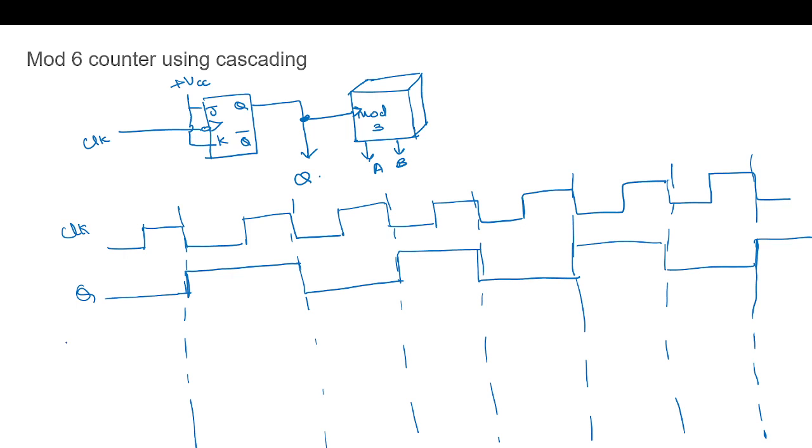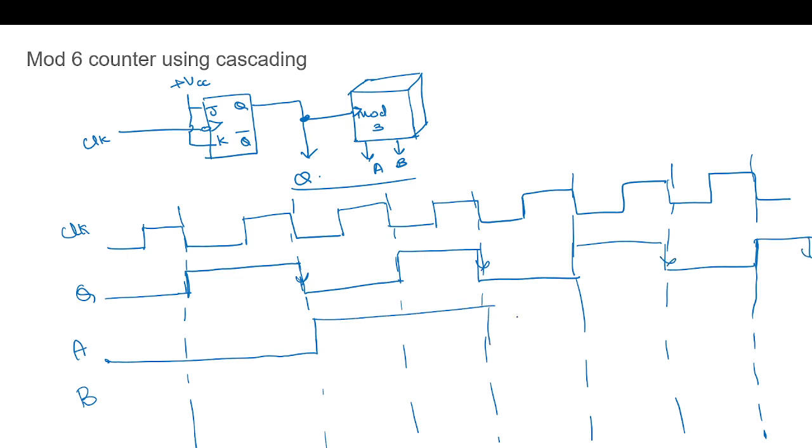Next, the mod 3 counter. A and B, I am writing in the same order. A is previously 0, 1, 0, 0, and it should work at this negative edge. So 0, 1, and 2 zeros.